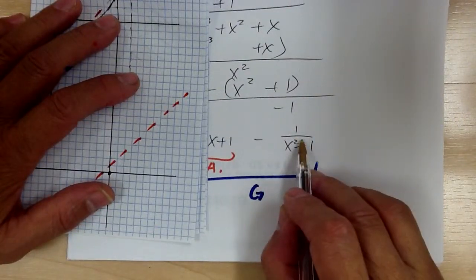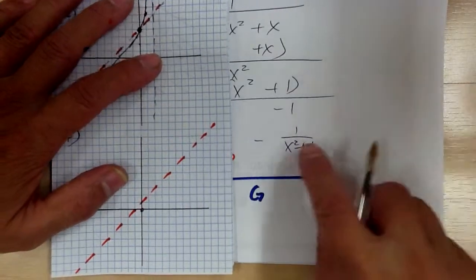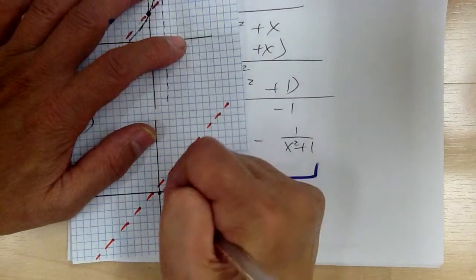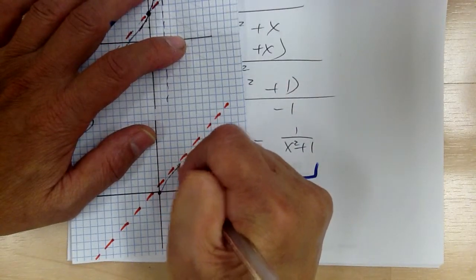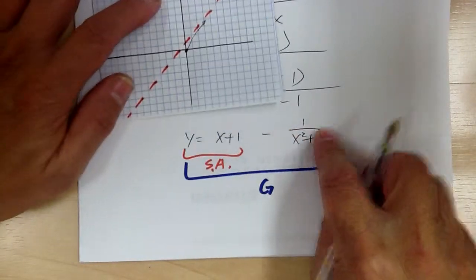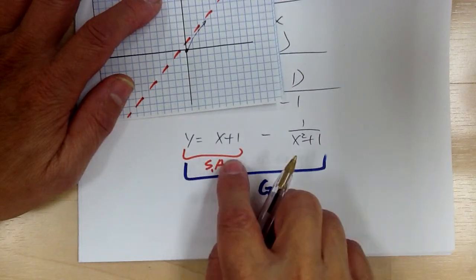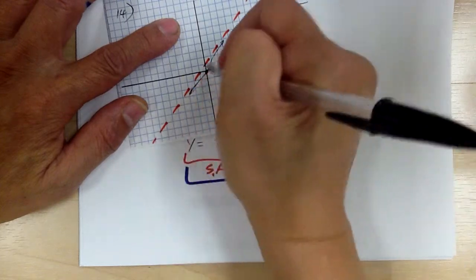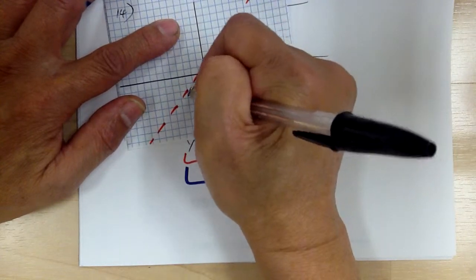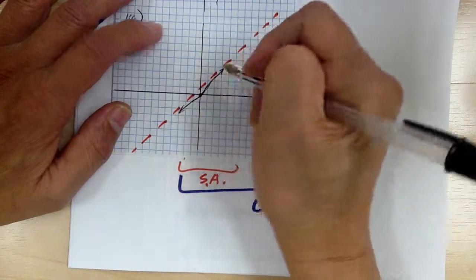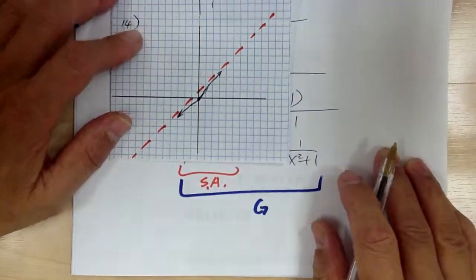Okay, and then from here, this is always positive. So when x is positive, the graph is going to be slant asymptote minus something. So it's going to be down here. So the graph's going to look something like this. Okay, when x is negative, you're still going to be negative over here. So again, the graph is slant asymptote minus something. So it's below here. So it's going to be a little bump right over here. And that's it.